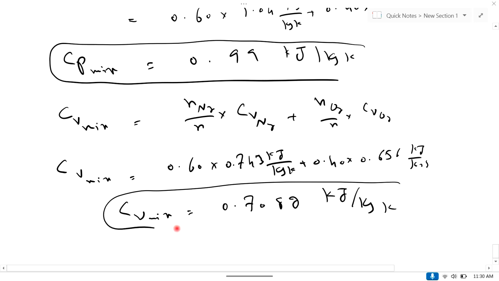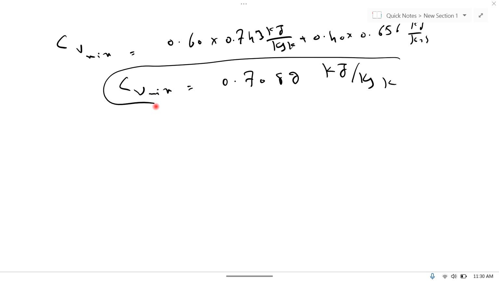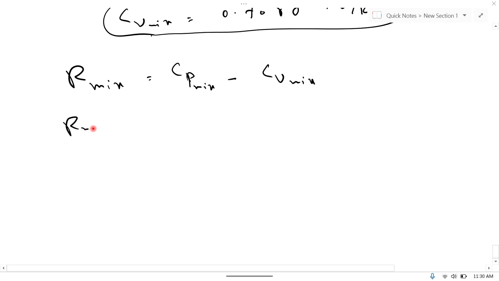Now we are finding R of the mixture. So R of the mixture is equal to Cp of the mixture minus Cv of the mixture. Now this is easy. Cp of the mixture and Cv of the mixture are already known to us.